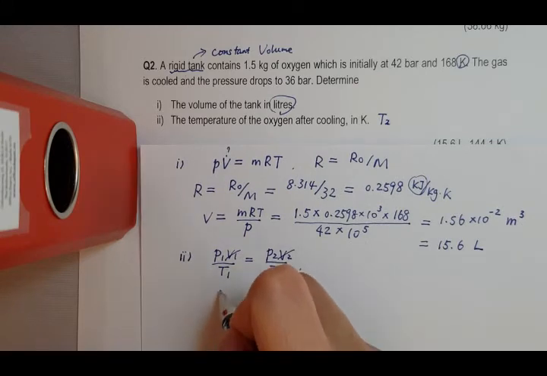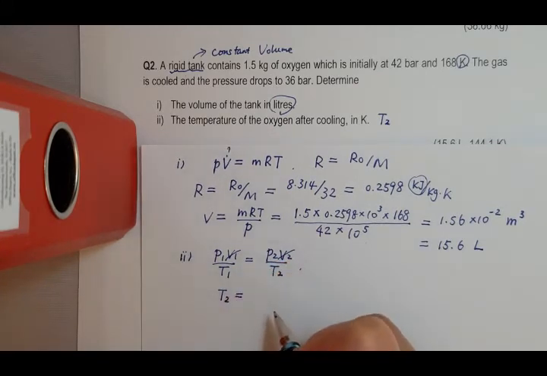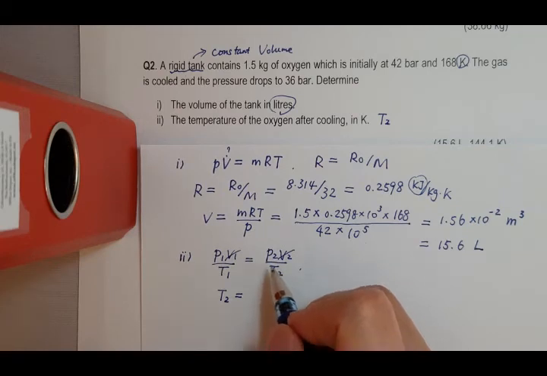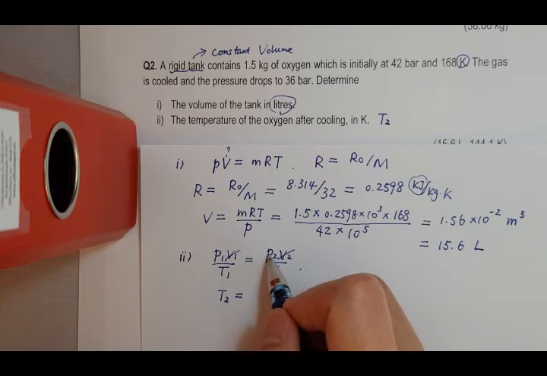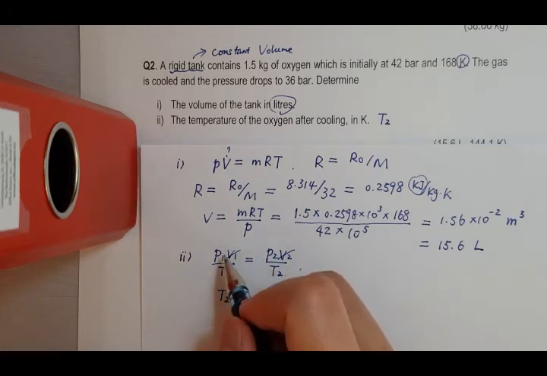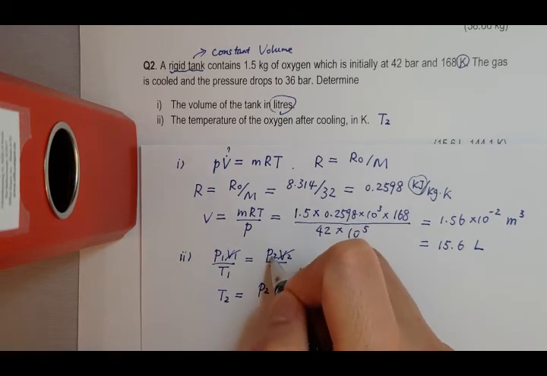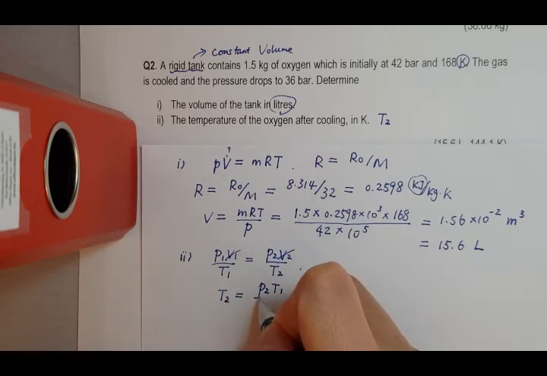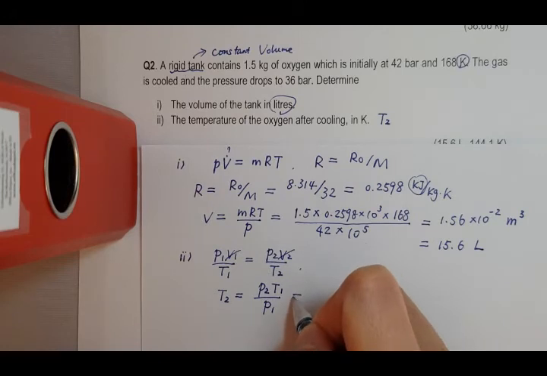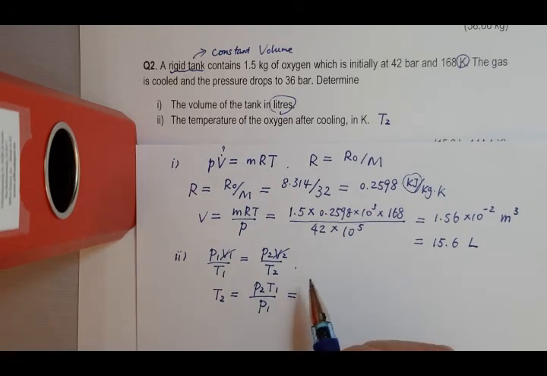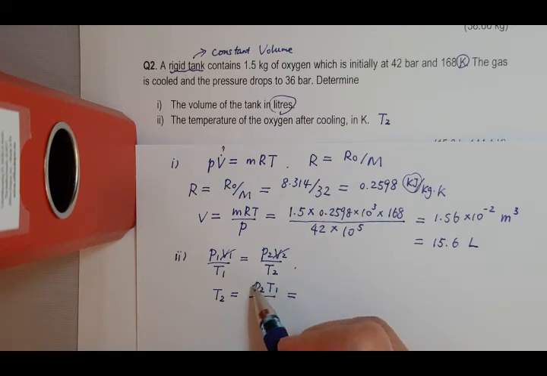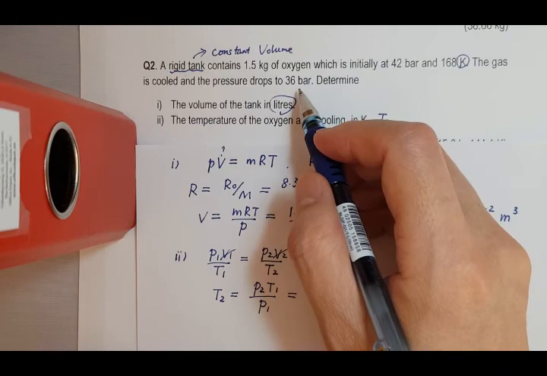According to this, I'm going to rearrange to get T2. By cross multiplication, T2 is equal to P2 times T1 divided by P1. As you can see, we have P2 over P1, so you don't need to do any conversion of units here because you're going to divide them anyway. P2 is the final pressure, which is 36 bar.